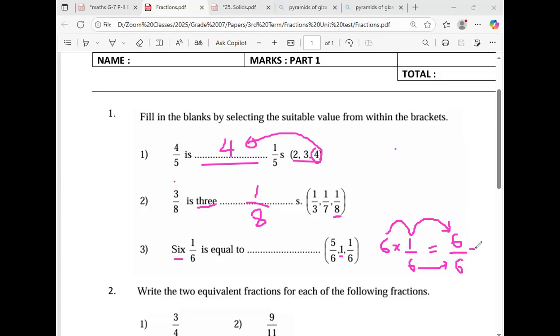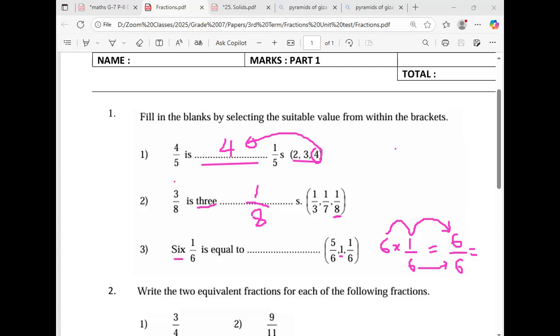6 divided by 6, what is the answer? Can anyone tell me? Tenula? What is the answer for 6 divided by 6?